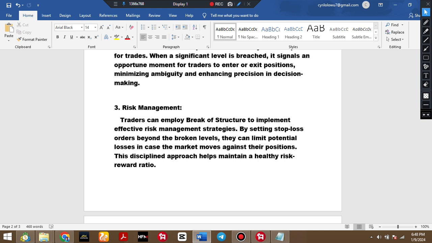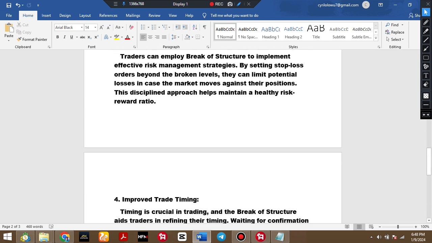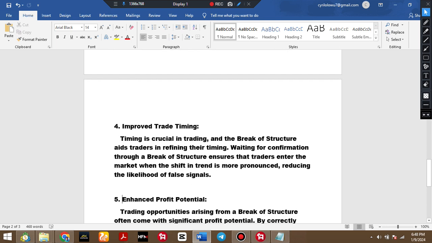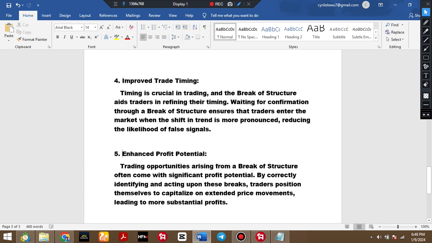This disciplined approach helps maintain a healthy risk reward ratio. When you know your market structure as a trader, it helps you to minimize your losses, because we all know that if you are taking a buy order, definitely you need to put your stop loss at the swing low, so that when price goes against your prediction, it doesn't take much of your equity.